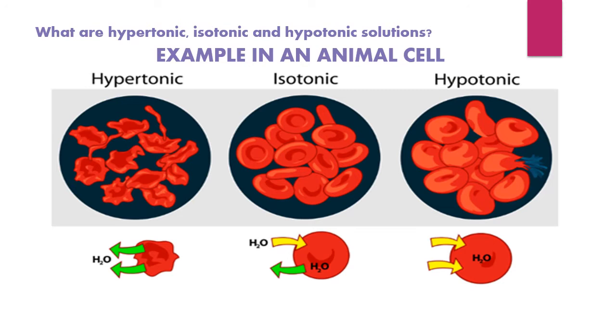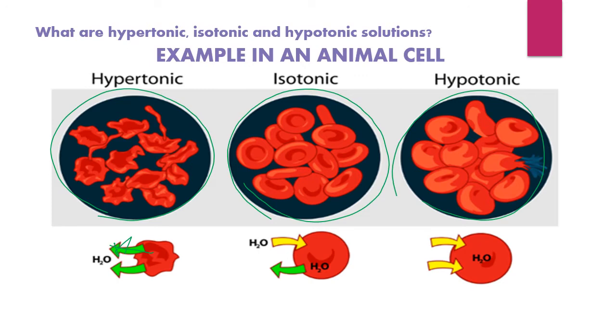What are hypertonic, isotonic, and hypotonic solutions? These cells are examples of animal cells. So in hypertonic, as you can see, the water is moving from the inside of the cell to the outside.